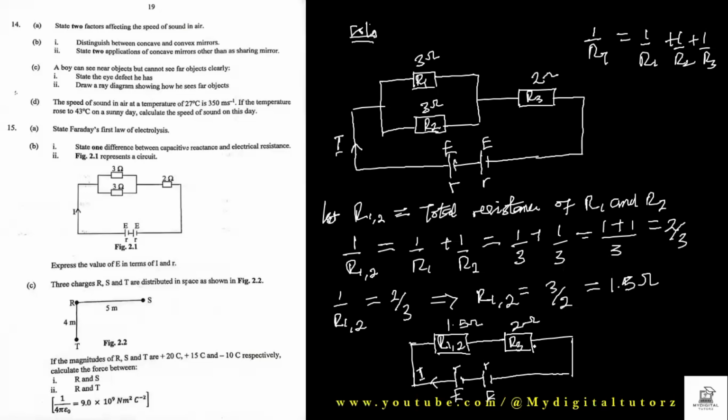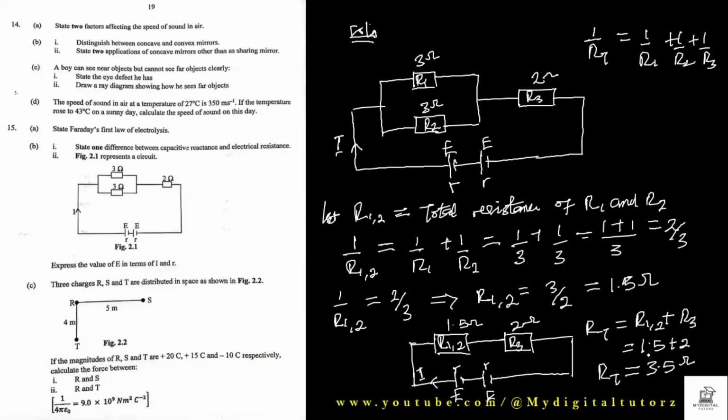Now R1,2 and R3 are in series. So for me to get the total resistance of the whole external resistors, it's going to be R1,2 plus R3. That would be 1.5 plus 2. So R total of the whole circuit will be equal to 3.5 ohms.